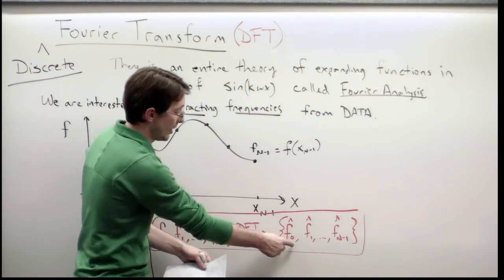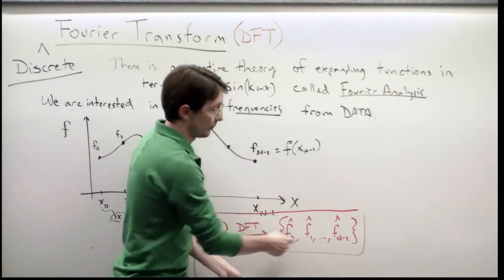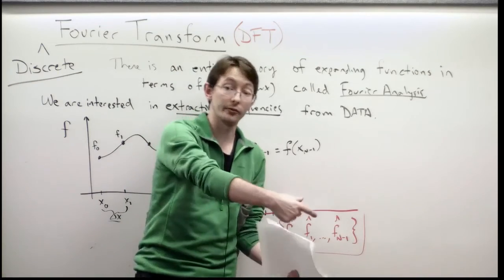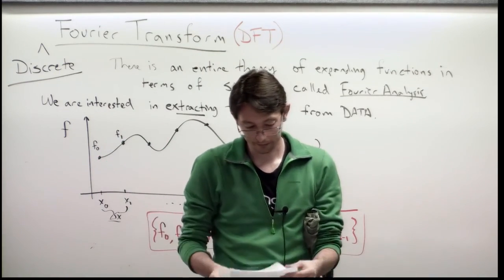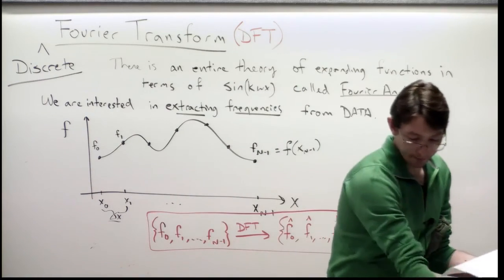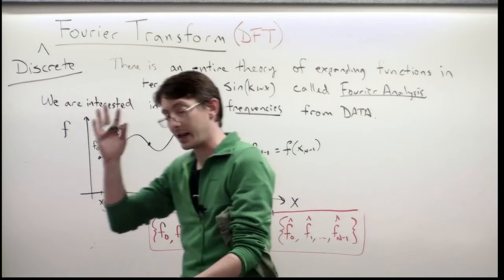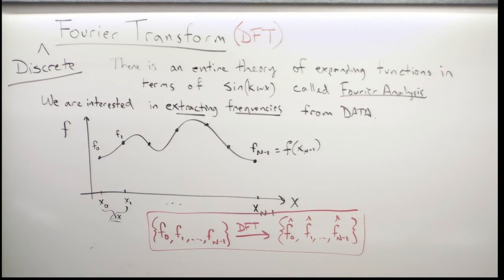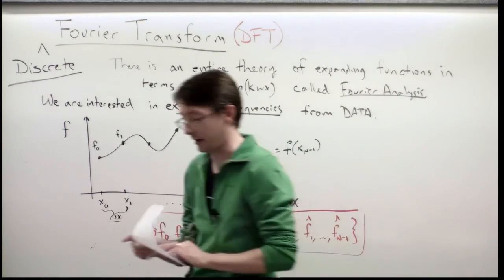So it's f naught hat times sine of my first frequency plus f1 hat times sine of my second frequency, and so on and so forth. Good. So I'll just give you a sketch of how I see this, even though it's maybe not the most 100% accurate thing. So take this with a grain of salt.